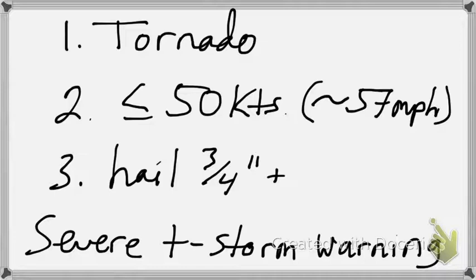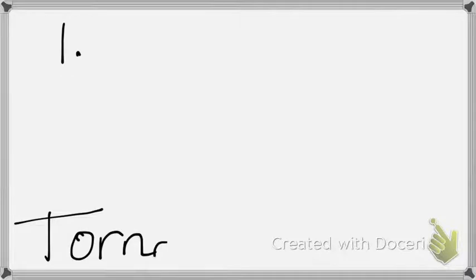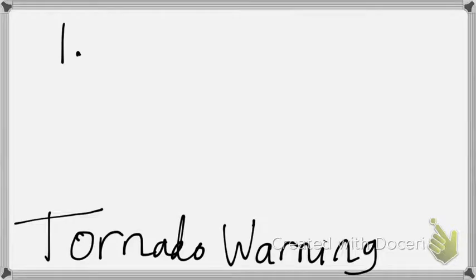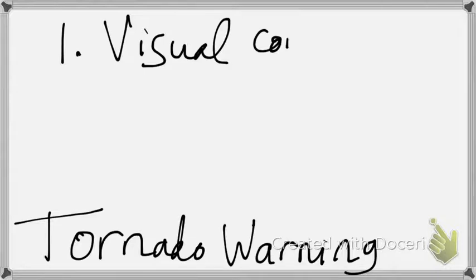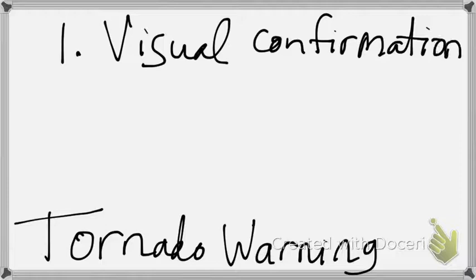For a tornado warning, you need either a visual confirmation of a tornado. There are only certain people who can officially report a tornado, that is any kind of emergency personnel or a trained Skywarn spotter or any kind of trained spotter or storm chaser.